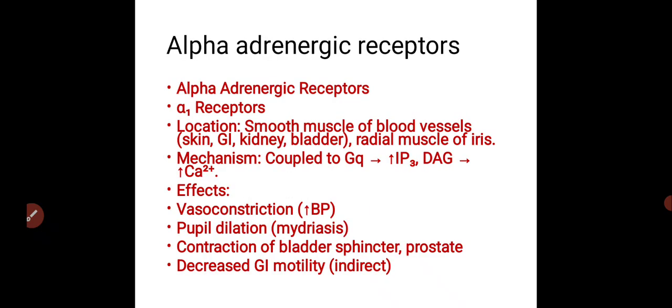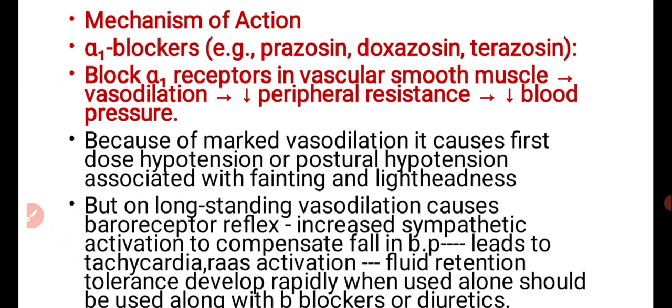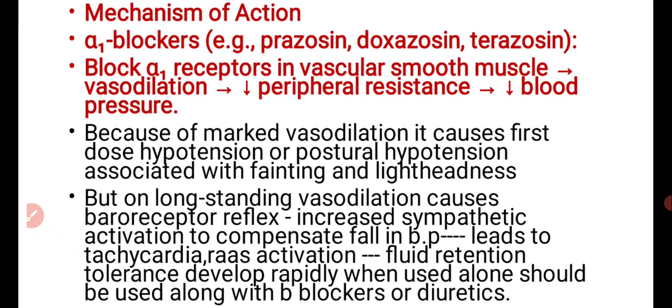Because of vasodilation, the sympathetic system gets activated to restore the marked fall in BP. That's why it may lead to tachycardia and RAS activation. This RAS activation may cause fluid retention, and this fluid retention may block the fall in BP caused by the alpha blockers. This is the disadvantage of alpha blockers.